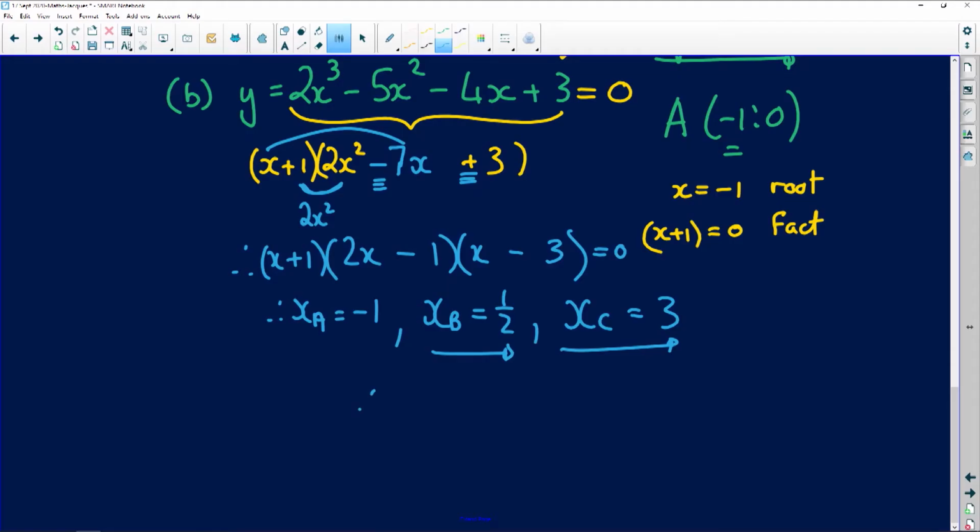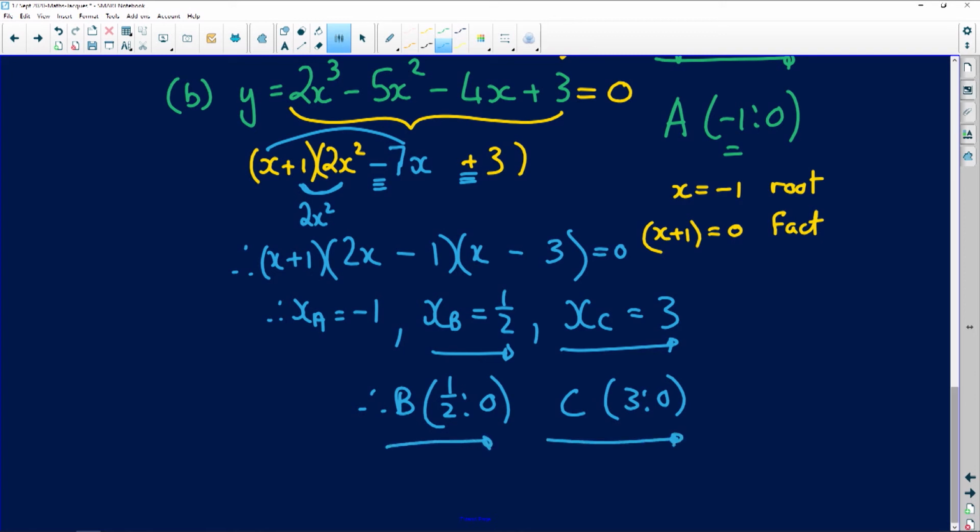Now let's see, they said find the coordinates. Please remember to put it in coordinate pair form. You don't want to lose a mark for that. So you can say that B is the coordinate pair (1/2, 0), and that C is the coordinate pair (3, 0).